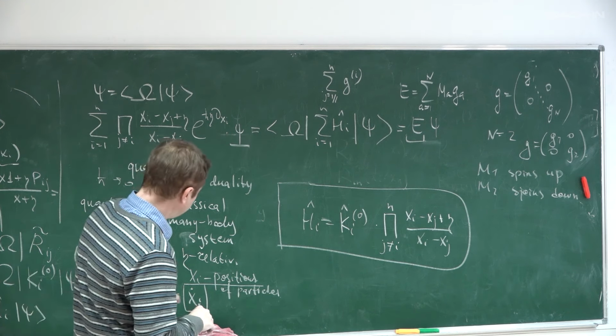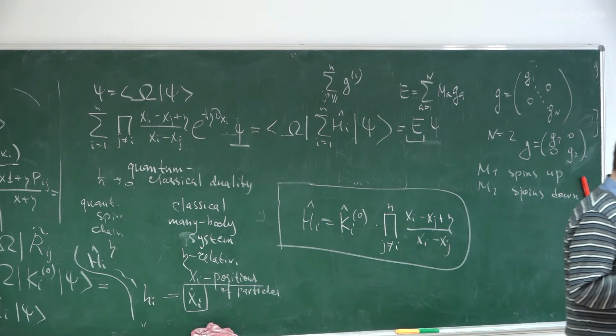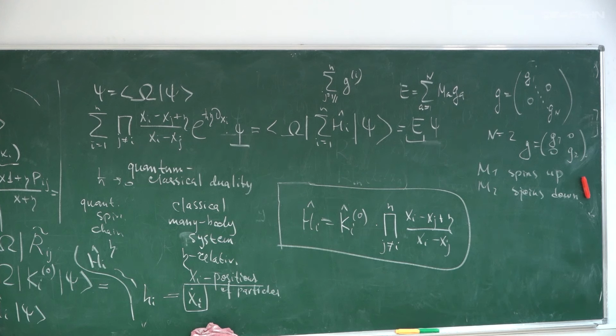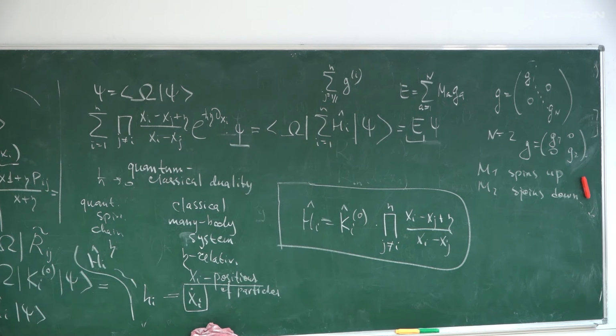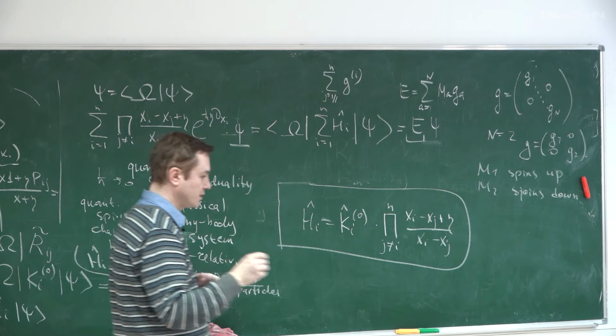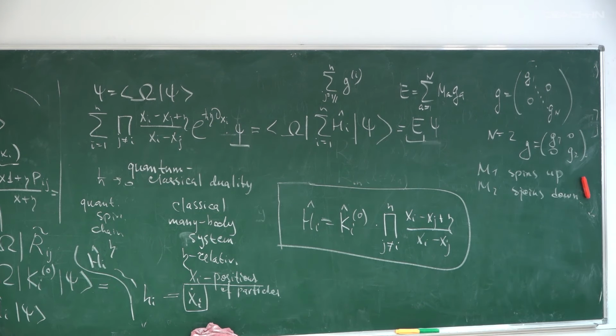So when you find a velocity of a particle, you don't know which spin chain Hamiltonian it describes, because the correspondence relates a set of spin chains with a single many-body system. And there is a combinatorial problem to find the rule for the proper relation, the choice of spin chain on this side.